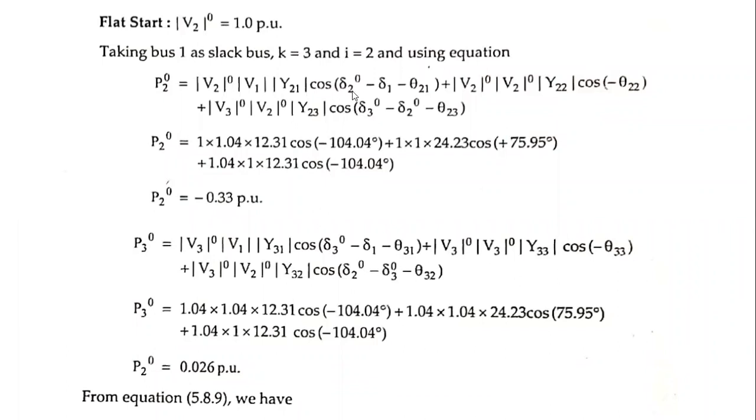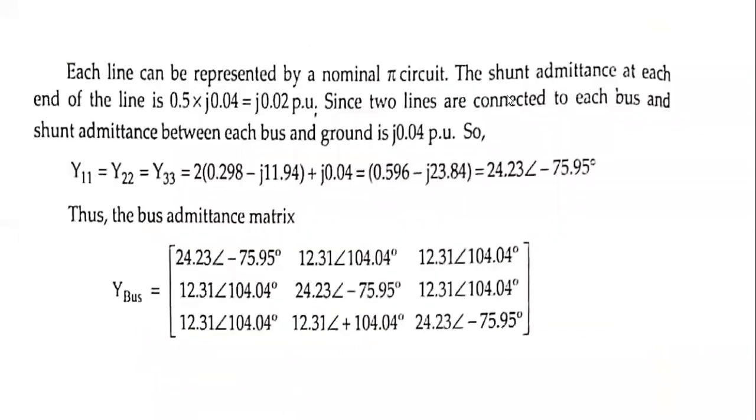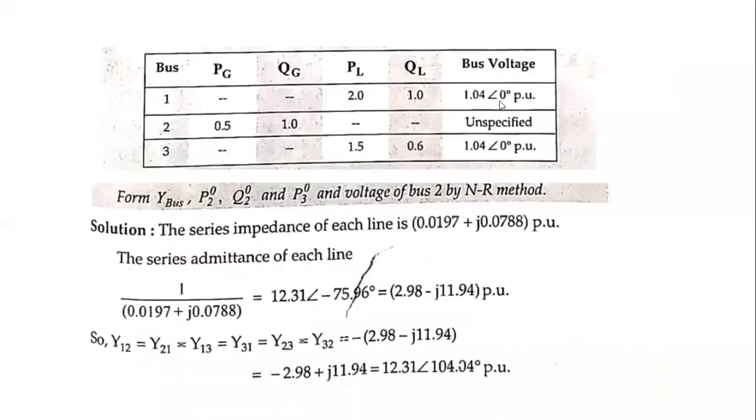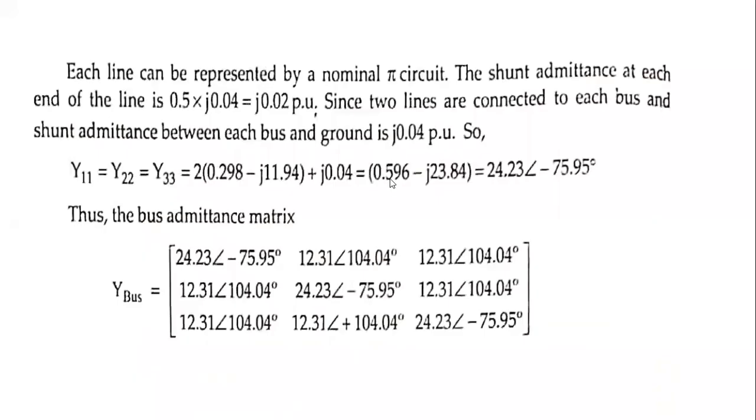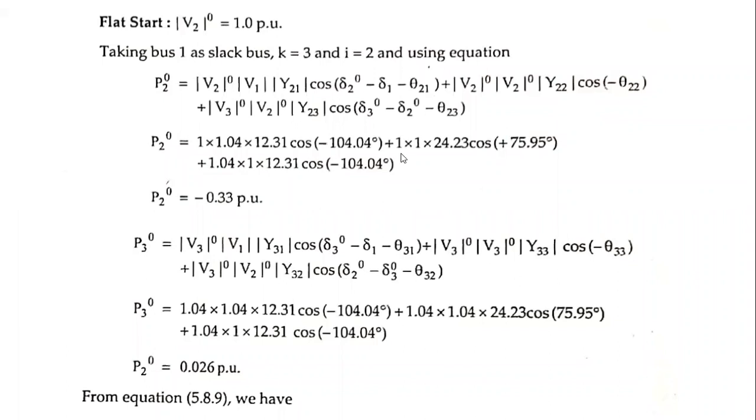Delta 2 naught is equal to 0, and delta 1 is 0 degrees.